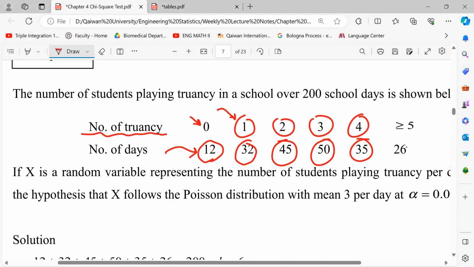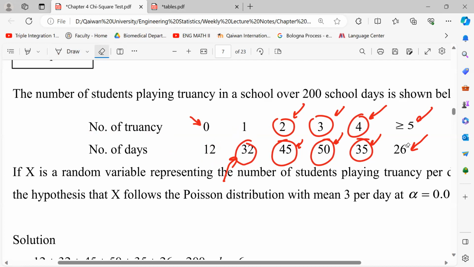Only one truancy game in 32 days. 2, 45 days. 3, 50 days. 4, 35. And for greater than 5, more than 5 truancy games, we have 26 days. In 26 days, we have more than or equal to 5 truancy games played.